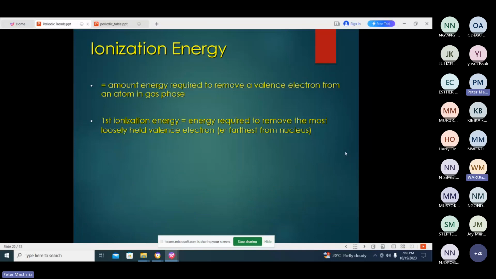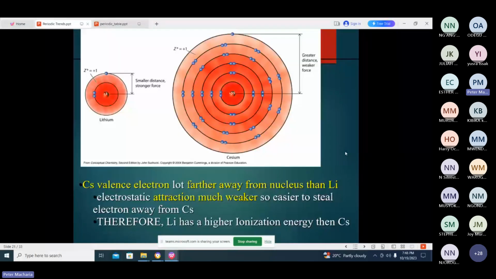Okay, it's a very simple concept. Look at this diagrammatic representation. They may not be in any real ratios, but it is just a pictorial representation. You can see the atom lithium, isn't it? Very small, right?